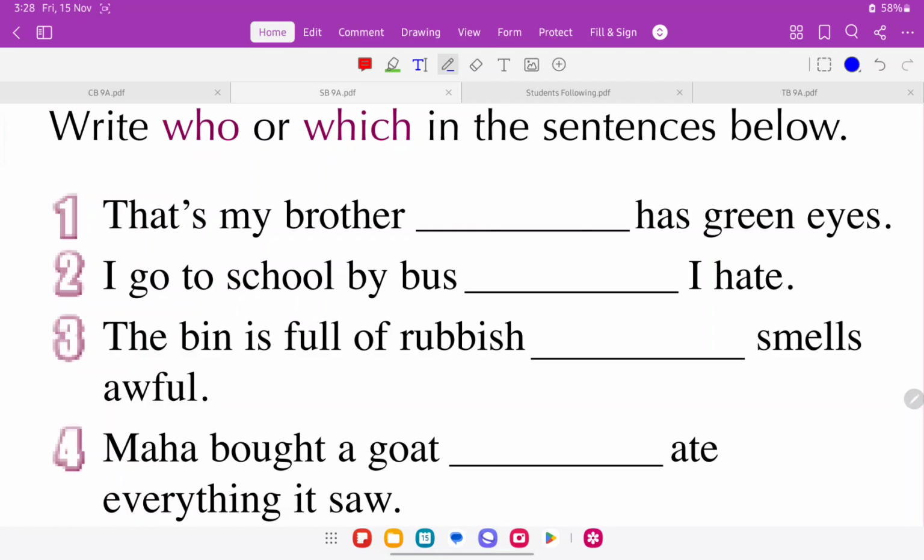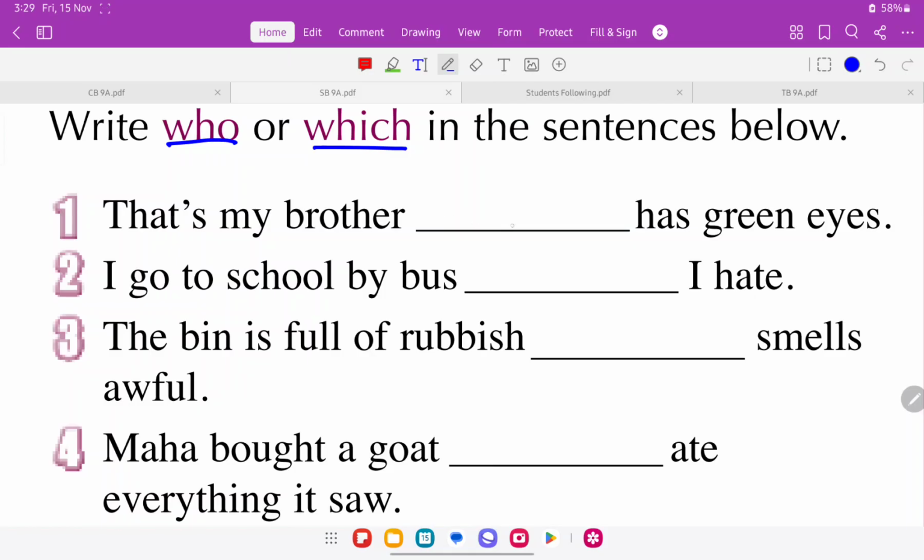Okay, now let's apply the rule with this task. We have to write who or which. And we said that who is for people and which is for things. Let's go for number 1 now. That's my brother, has green eyes.